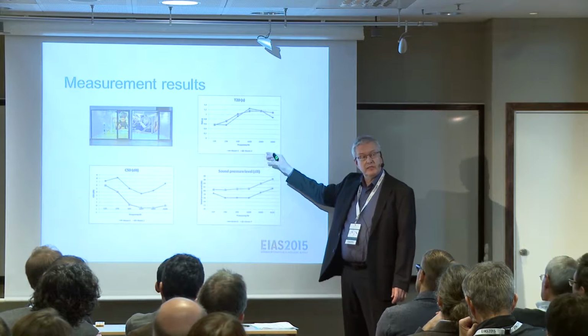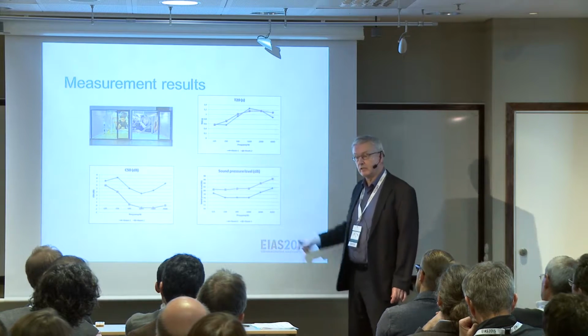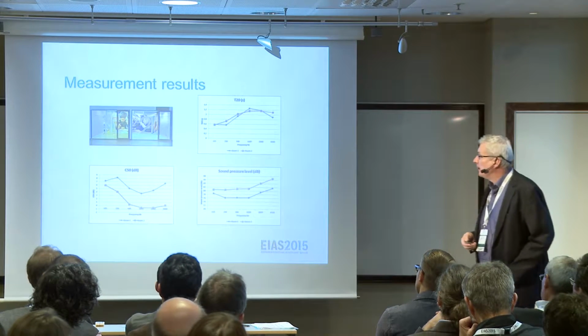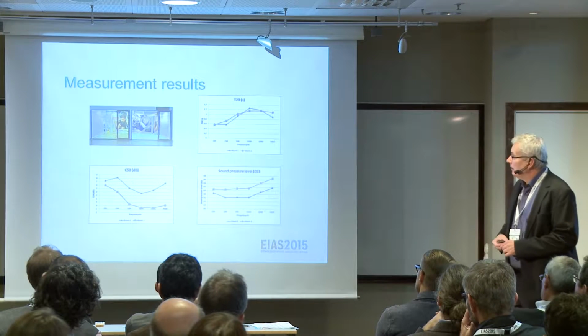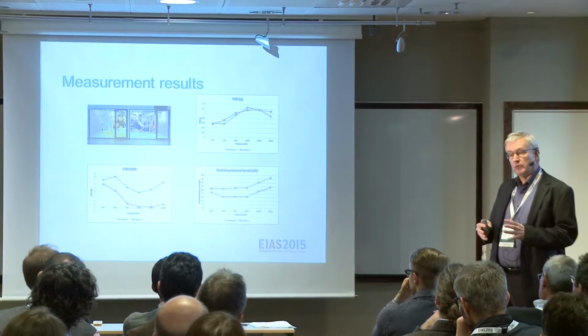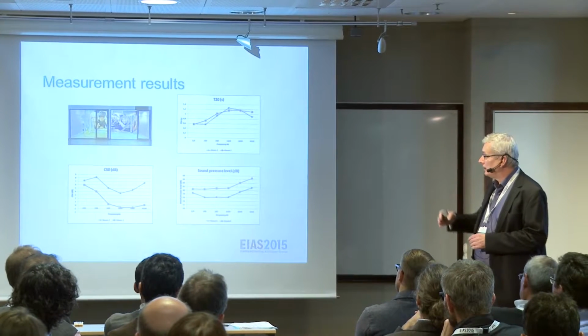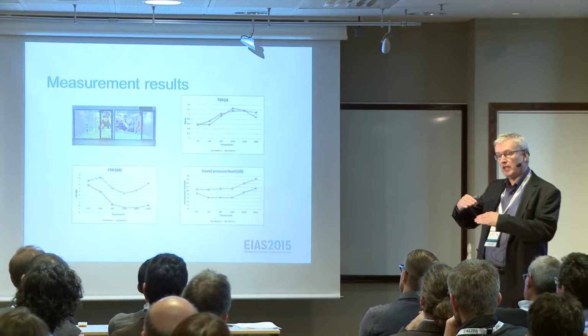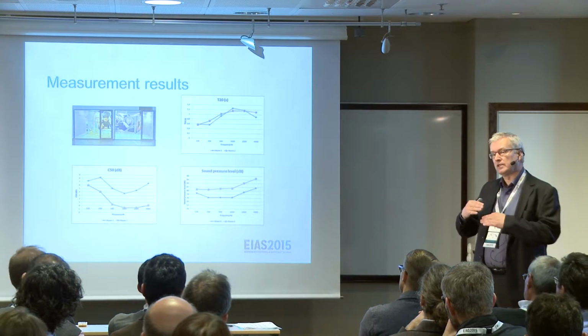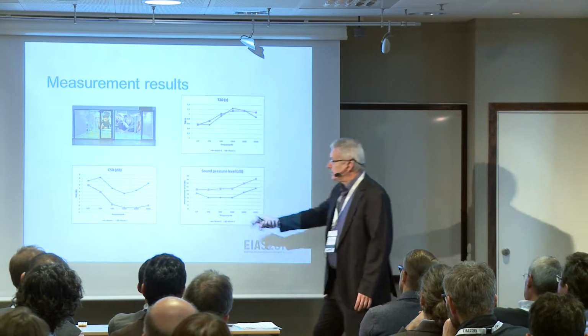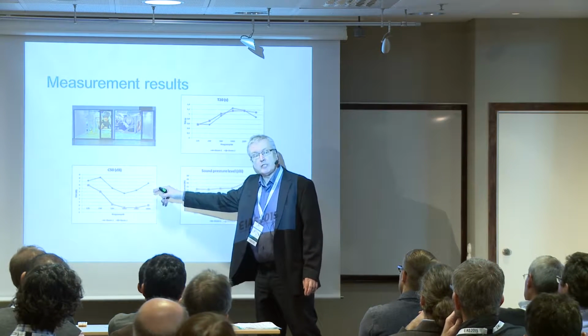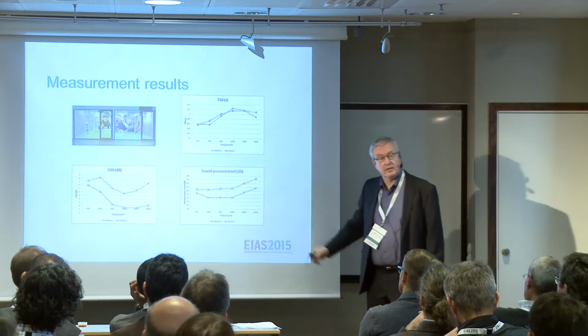But as you see, we don't see those differences in the reverberation time. Of course, now we have no furniture in the room. If we put in some furniture, then we will see a little difference in the reverberation time, but we will never get differences that explain those we get in speech clarity or sound pressure level.